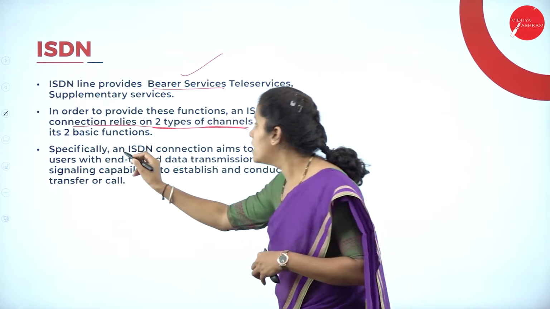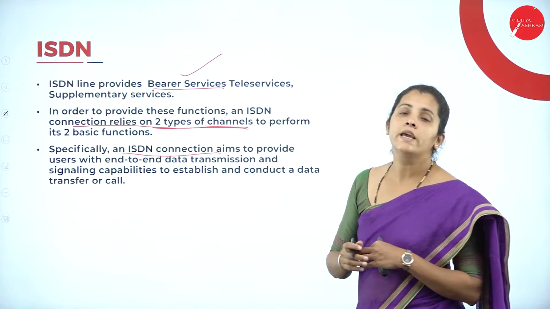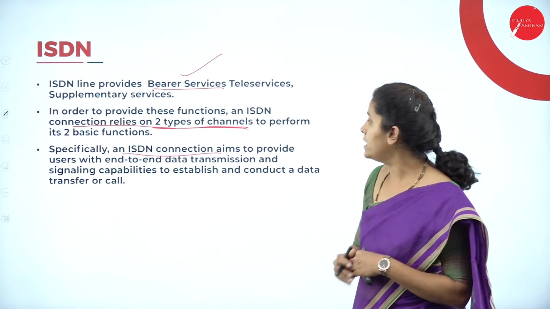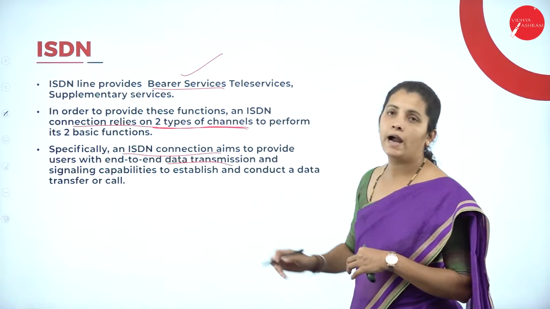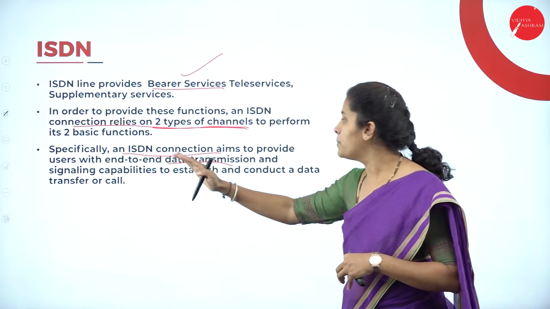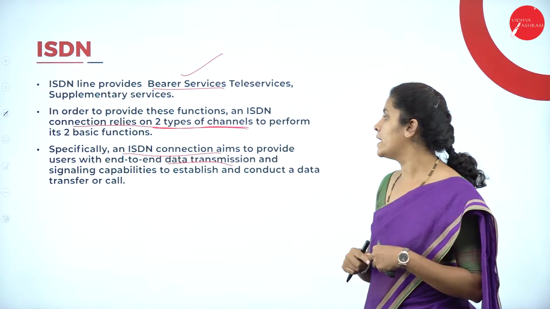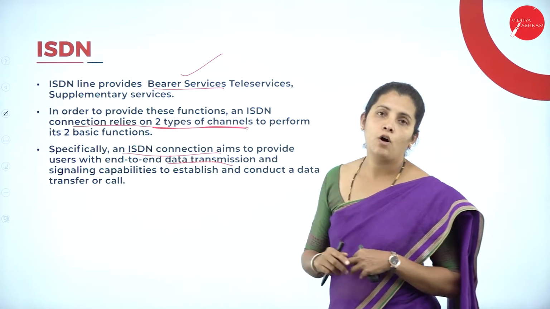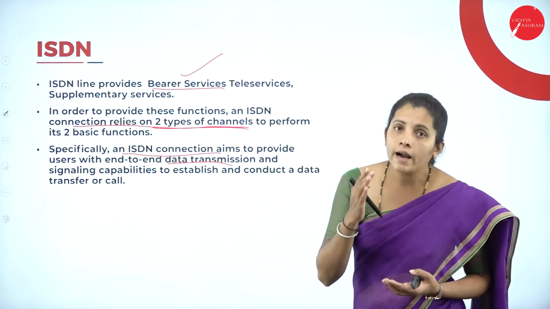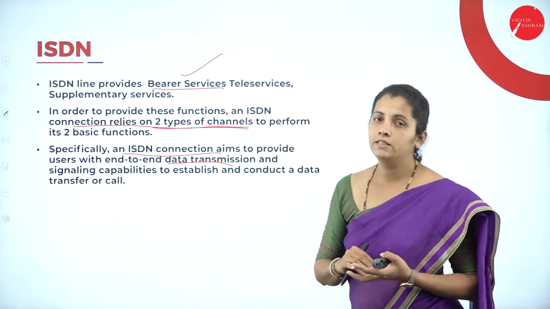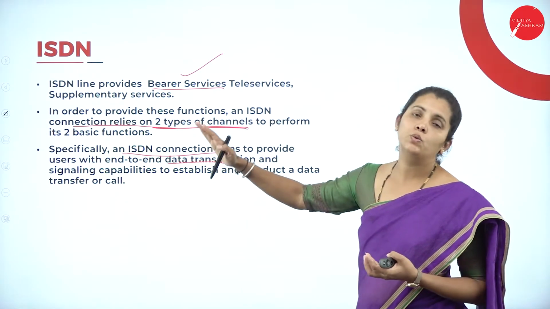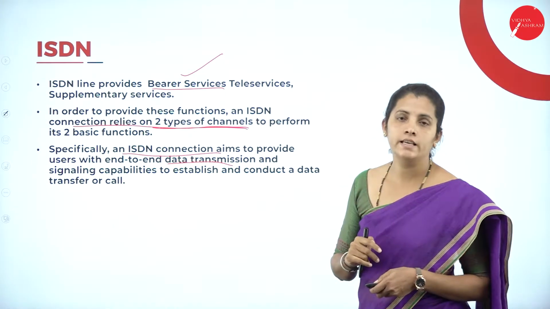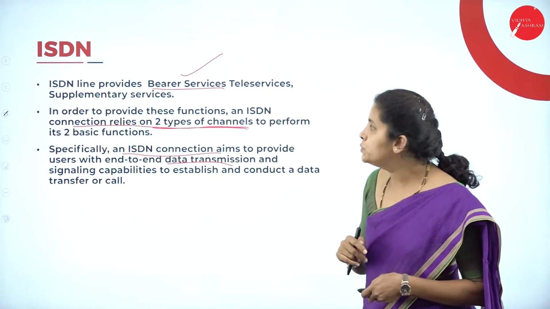So here the ISDN connection aims to provide the user with end-to-end data transmission and the signaling capability to establish and conduct a data transfer or call. So ISDN is mainly designed to provide end-to-end data transmission and signaling capability to the user.